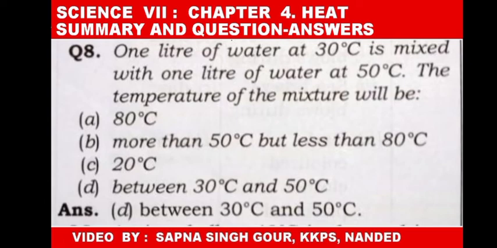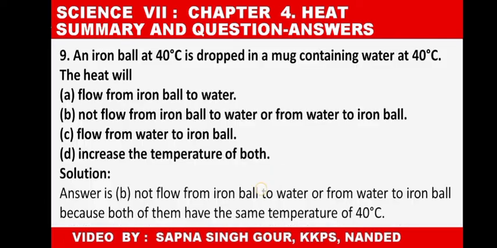The next question is, an iron ball at 40 degrees Celsius is dropped in a mug containing water at 40 degrees Celsius. The heat will... Options are: flow from iron ball to water; not flow from iron ball to water or from water to iron ball; flow from water to iron ball; increase the temperature of both.